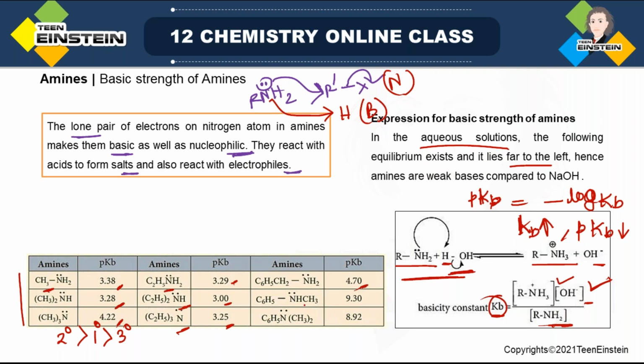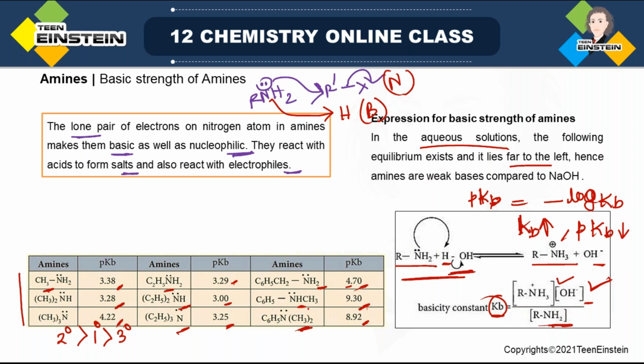Then we have C6H5NHMe, where one of the H is replaced with methyl, and then the other H is also replaced with methyl. So as you are increasing alkyl groups, what is the effect on pKb? It is 8.9 to 9.3. So compared to the first one, now it is increased. So basicity is decreased. Fine.